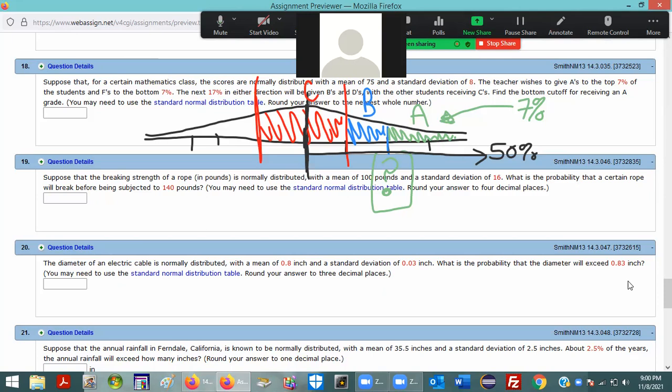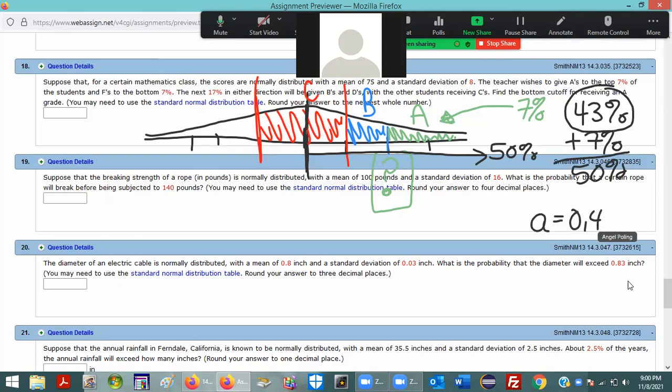Then the area that's right of center, before we get to the A, is going to be 43%, right? Because 43 plus 7 is 50.